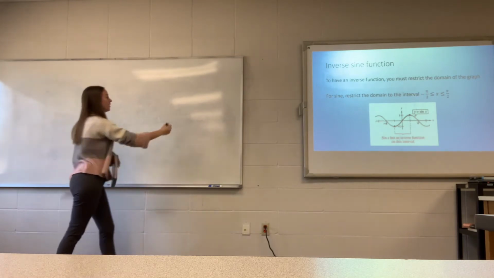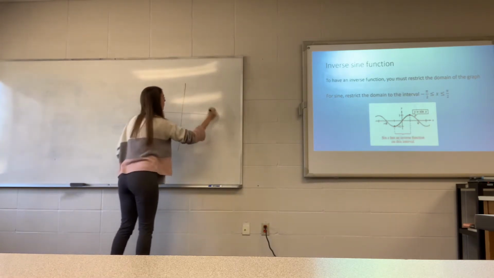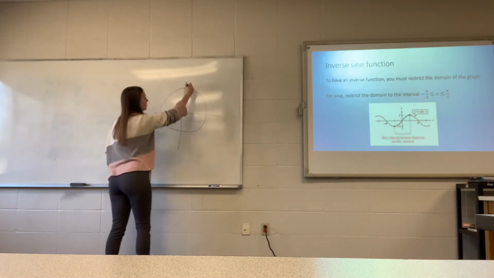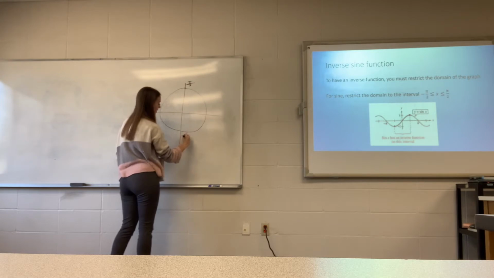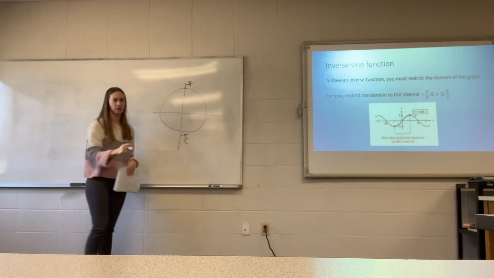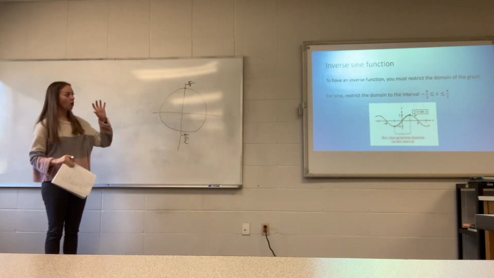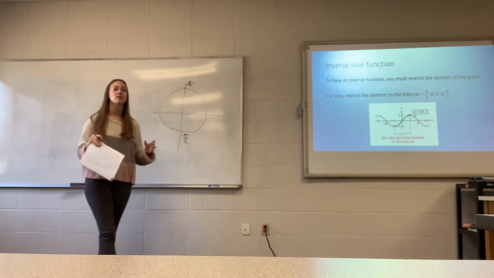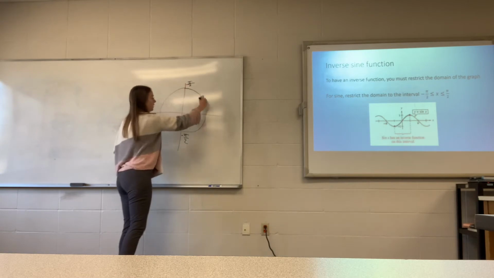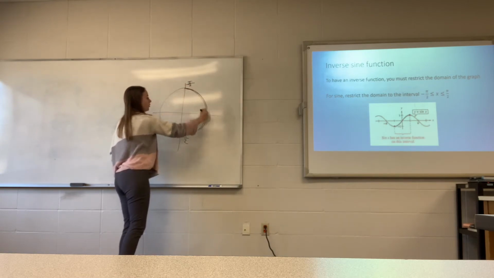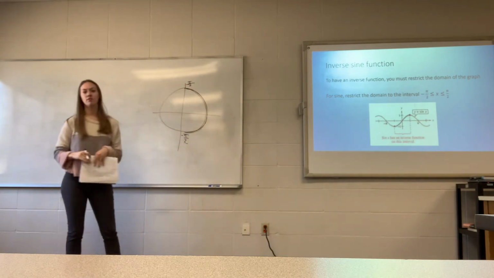On my unit circle, this up here is pi over 2, and this down here is negative pi over 2, going in the opposite direction. So when it says find inverse sine, I'm looking at angles in here. I won't even use the other side of the circle.